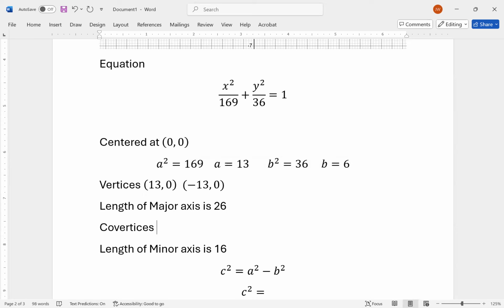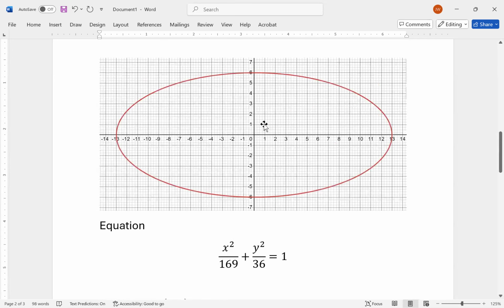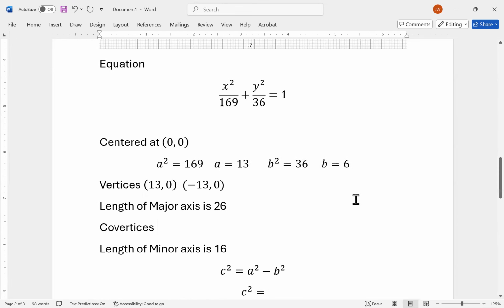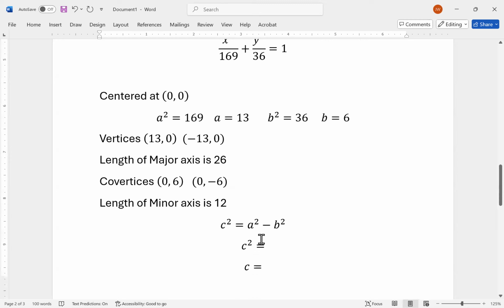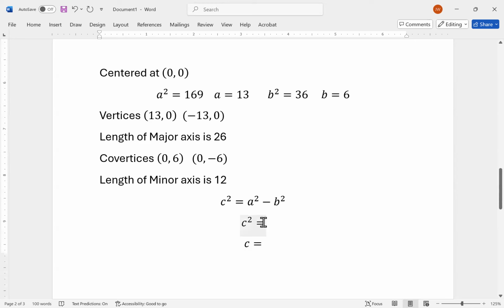The co-vertices are going to be here at (0, 6) and (0, -6). That's a length of the minor axis of 12, double 6. And then I can figure out what c squared is.